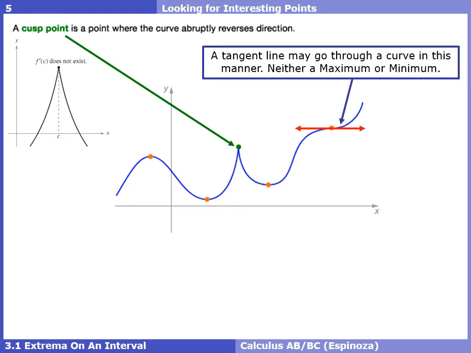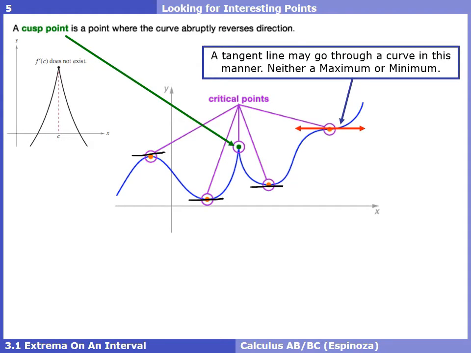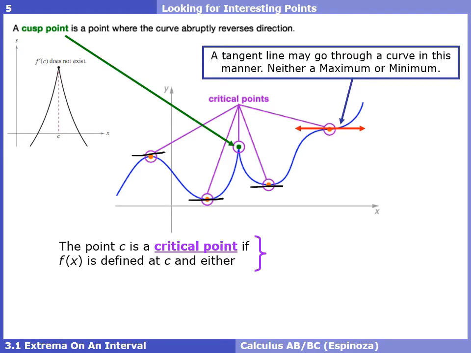So this collection of points, the relative maxes, where we have a derivative of 0, the relative mins, the cusps, the sharp corners, and these different kinds of tangent lines, all of those points we call critical points. And it's kind of an appropriate name. They're very critical, they're very important points. Okay, so how do we define what a critical point is?